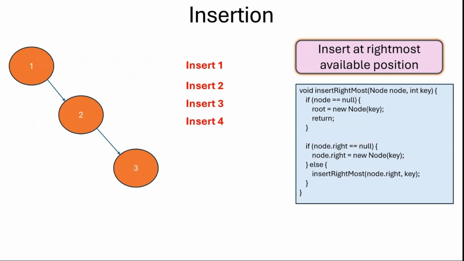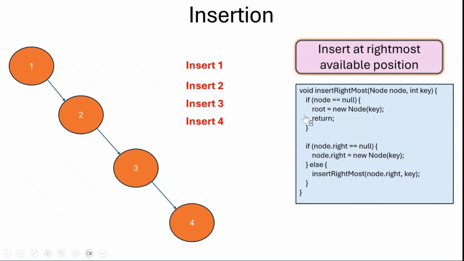Similarly, we can follow the same process and call this function for every new node which we are inserting, and that function will be called with node 1 as the starting node and recursively check for an empty right slot.